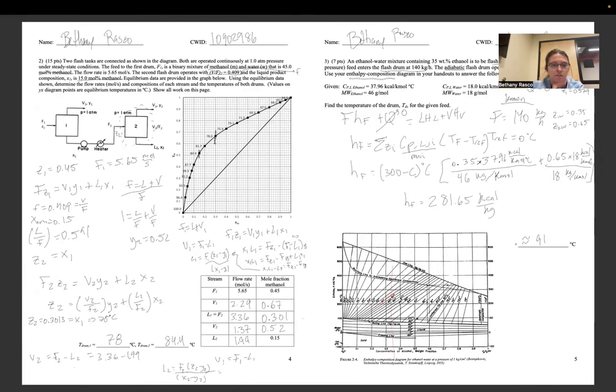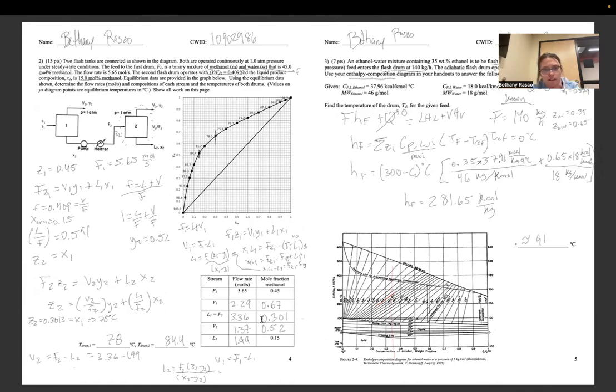And so I said the first one was 78. And then the second one, I did more math the same way I did it before, also like a mass balance. And then I went up to get it to be around 84.4.